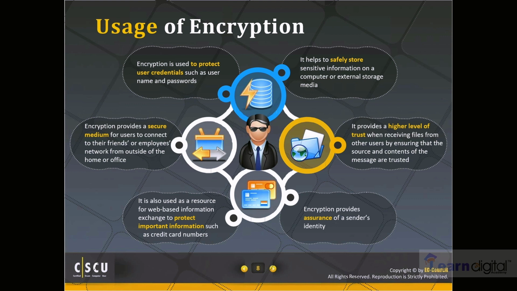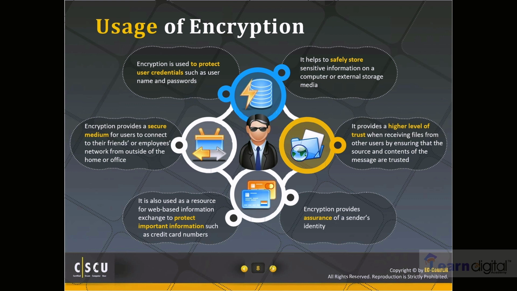It is also used for data integrity, where encryption can verify the integrity of the data by detecting any unauthorized modifications or tampering attempts. Third, authentication, which we discussed in the earlier slide: encryption can be used in combination with digital signatures to verify the authenticity of the sender and ensure that the received data has not been altered.